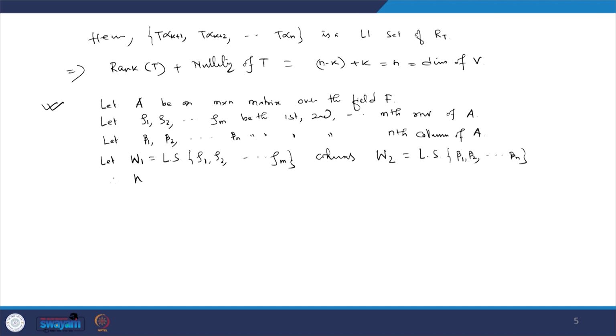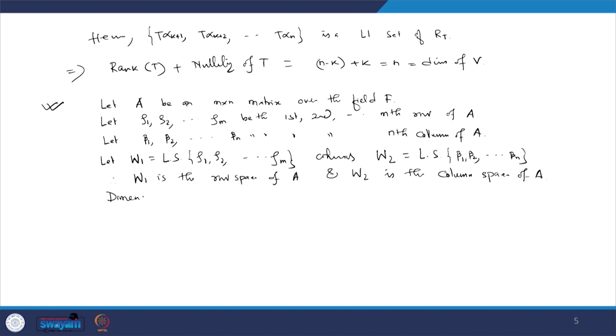So, W 1 is the row space of A and W 2 is the column space of the matrix A, please.